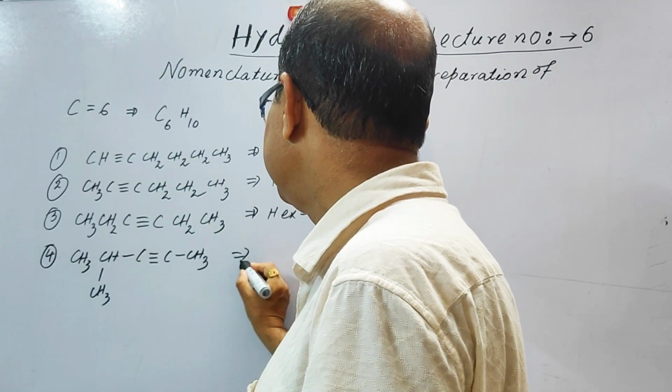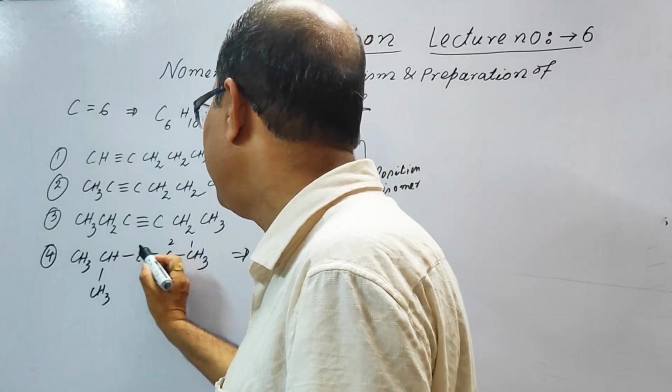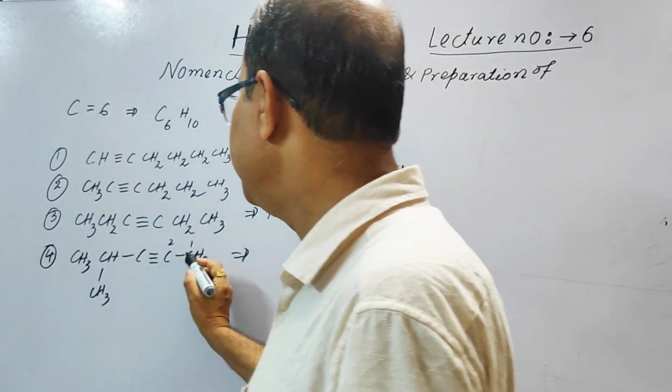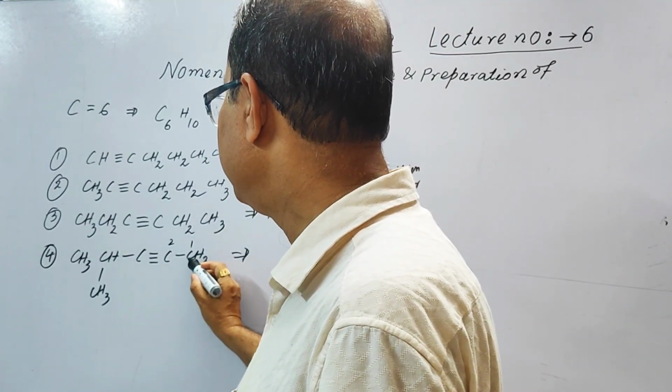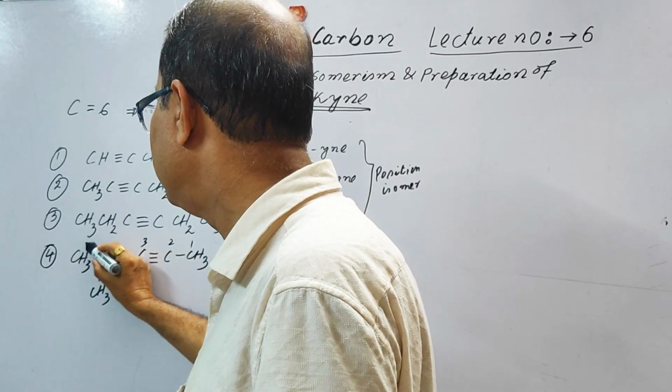For the name of this, we have to make the numbering from the end nearest to the triple bond. The carbon nearest to the triple bond is this one, so this will be 1, 2, 3, 4, 5.